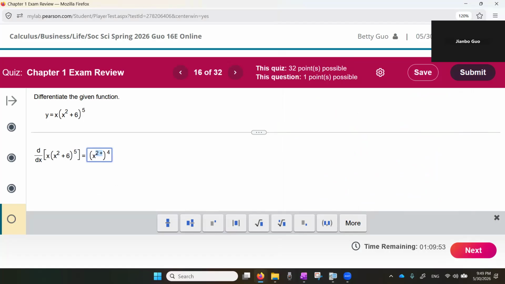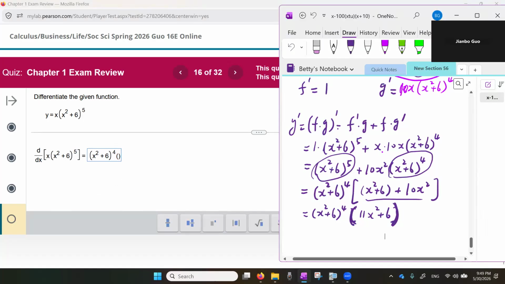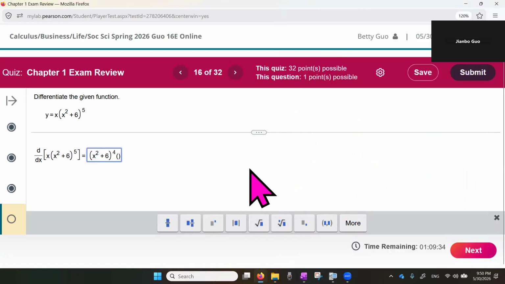(x squared plus 6) to the power 4 times a linear factor, what is it? 11x squared plus 6.